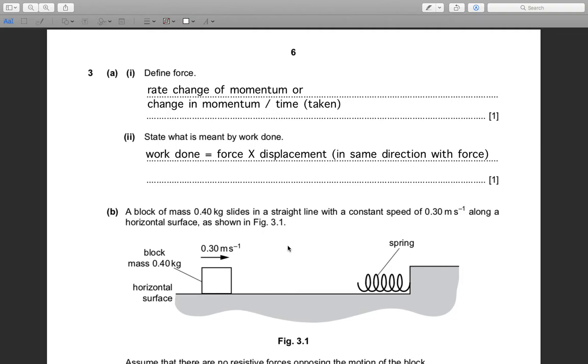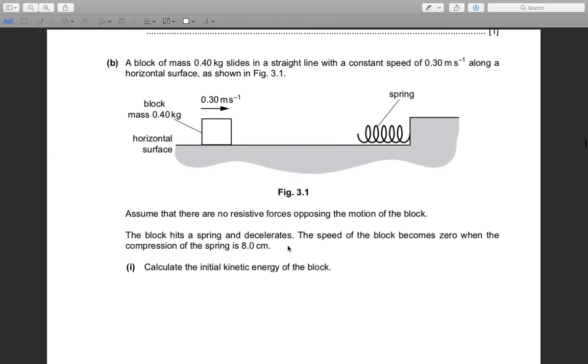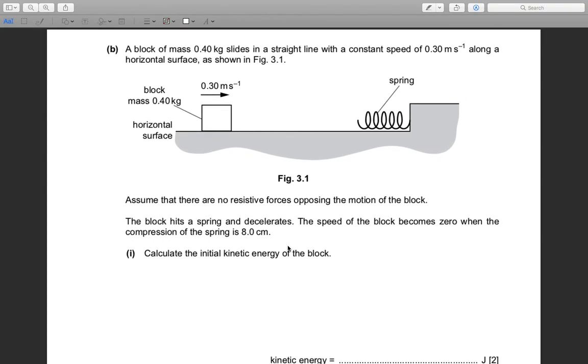Okay, now continue to B. We have figure 3.1. A block of mass 0.4 kilograms slides in a straight line with constant speed 0.30 meters per second along a horizontal surface, as in figure 3.1. The block hits a spring.